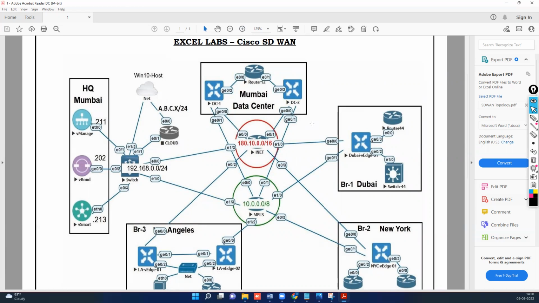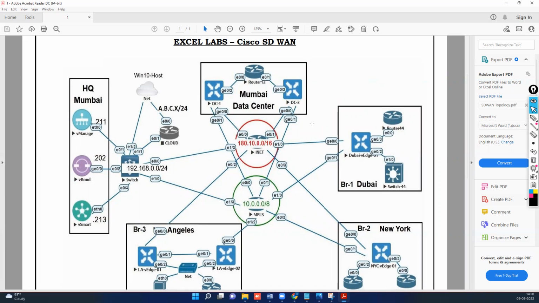For the sake of the lab environment, I am keeping the public IPs from the same network, 180.10.0.0/16. The IP addressing for all our WAN locations will be from this network.